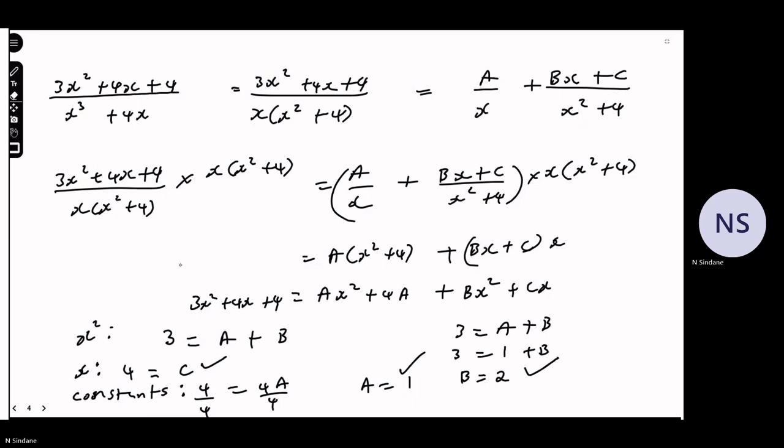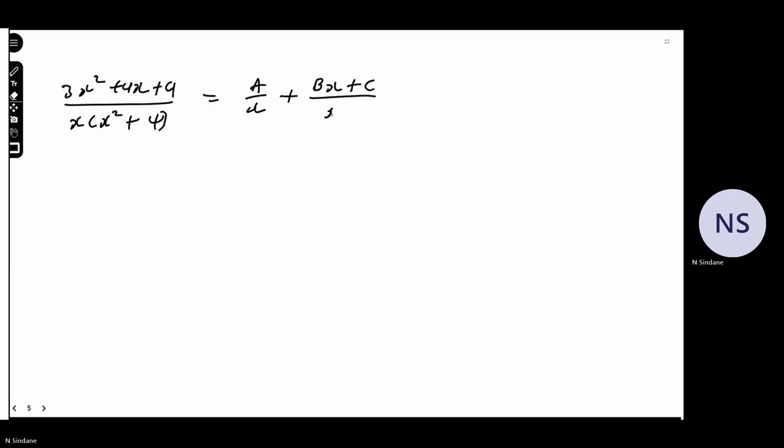Now we substitute it here. I have 3x squared plus 4x plus 4 over x into x squared plus 4, equals a over x plus bx plus c over x squared plus 4.